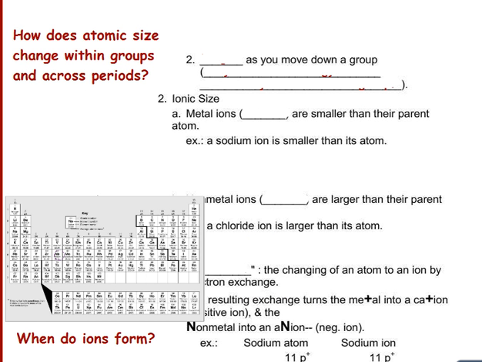Then the other common sense one is, how do we move as we go down a group? Well, they get larger as you go down a group, which kind of makes sense because as you add additional energy levels, the atoms are going to get bigger and bigger as we go down a group.